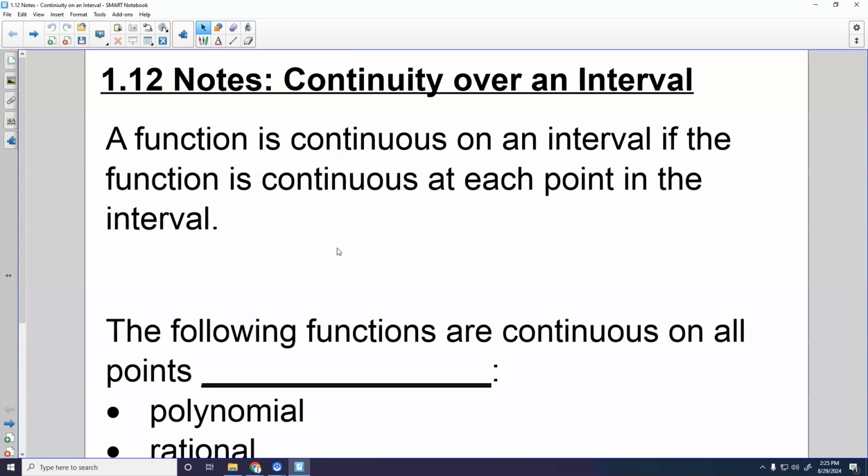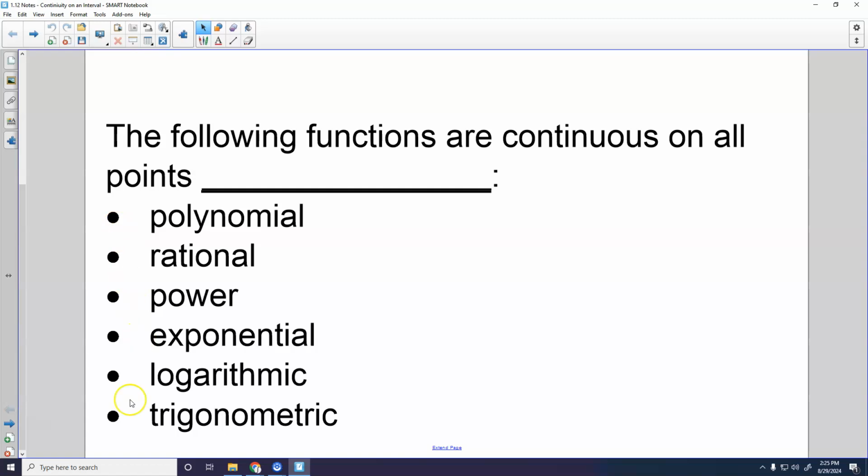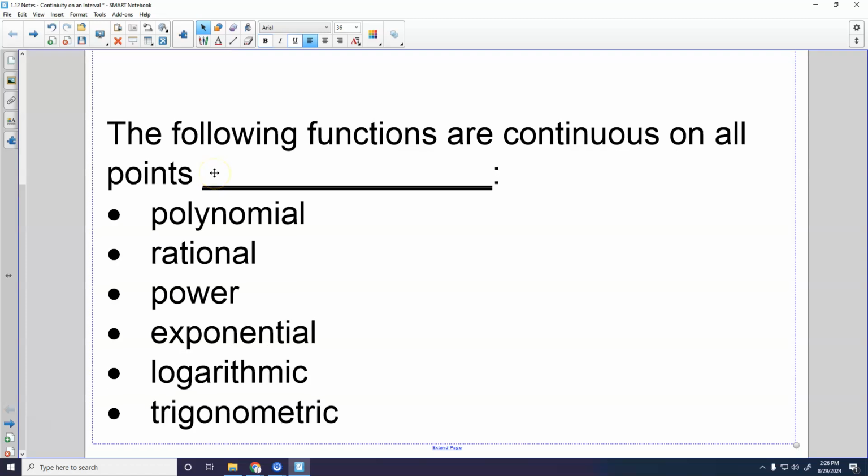So this is what you were talking about earlier, that you just kind of have to know which ones are continuous. Yes. So right here, our list, it's not every single thing, but it is many of them, although I need to put a condition right here. The following functions are continuous on all points, even though, what do I put in that blank?